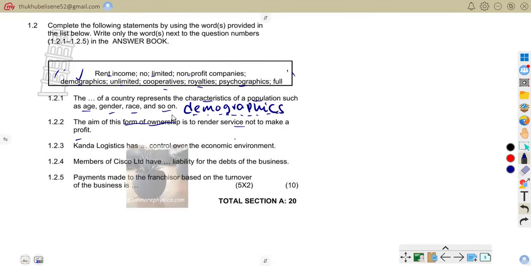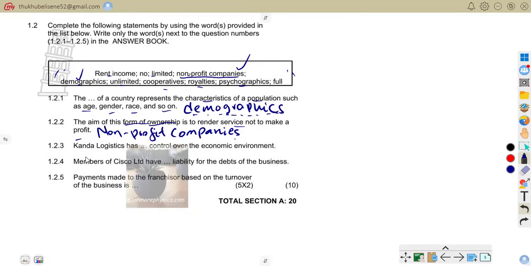The correct term there is non-profit companies. With non-profit companies, we know very well that those are the organizations focusing on social causes, not making profit for owners, often relying on donations and grants.